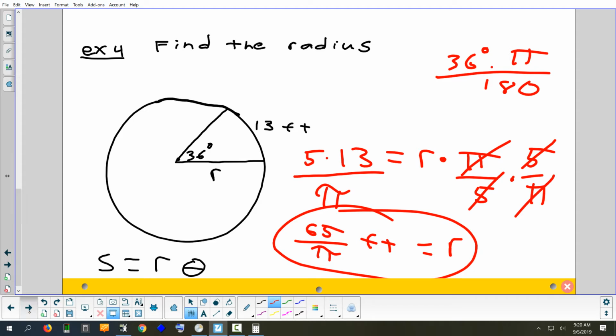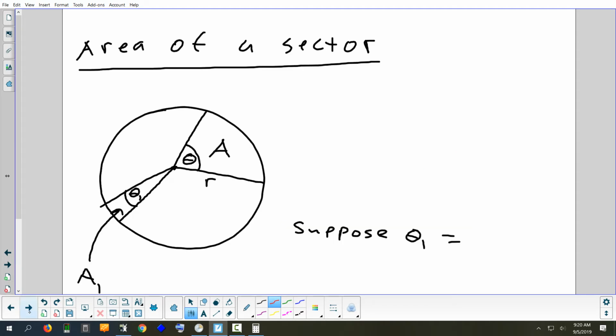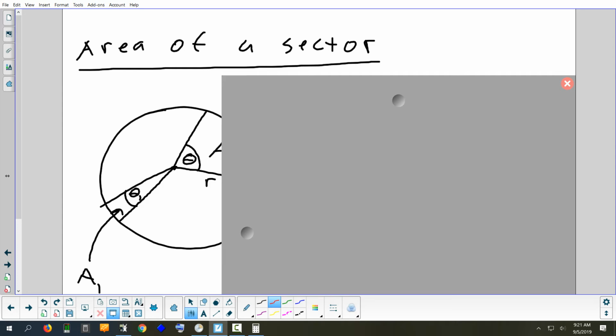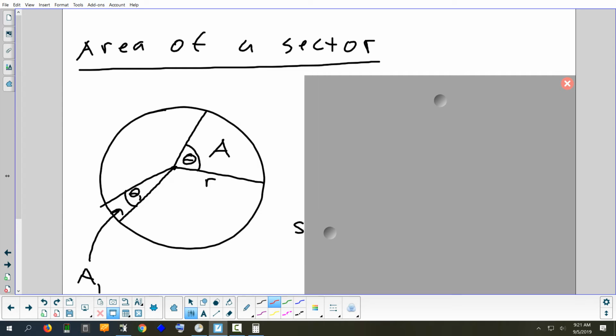Okay, let's take a look at the last formula. The picture that I'm drawing is very similar to the first picture we drew. It's a circle. Inside the circle, I've drawn 2 angles. One angle I'm calling theta.